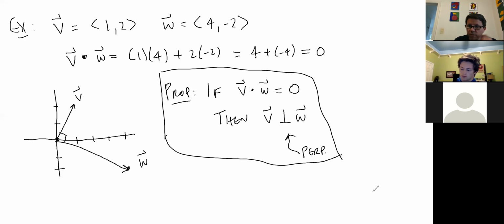And one more key property before we start doing an application of this. I don't do too many derivations in here, but this is not a bad one to do. Let's look at the length of the subtraction between 2 vectors. Why would I do this?